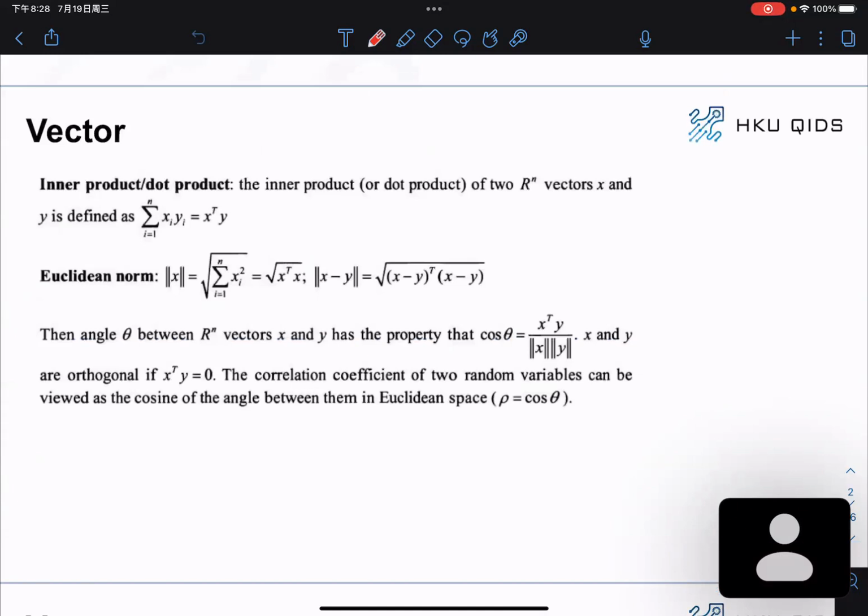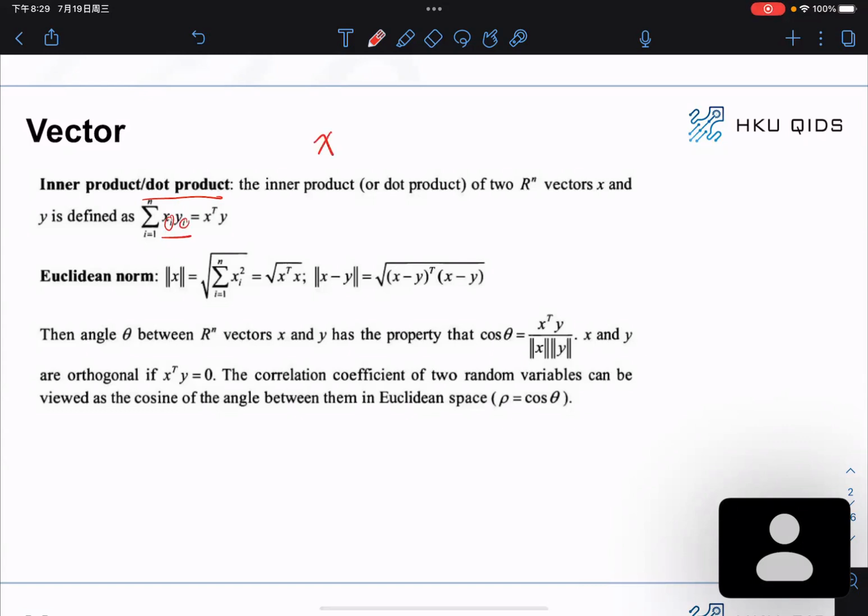So first, it's vectors. Let's first go through some basic concepts. The first one is the inner product, or we can call it the dot product. The inner product of two vectors x and y in R^n, the space of real numbers, is defined as the sum of the products of all their elements in the same position i.